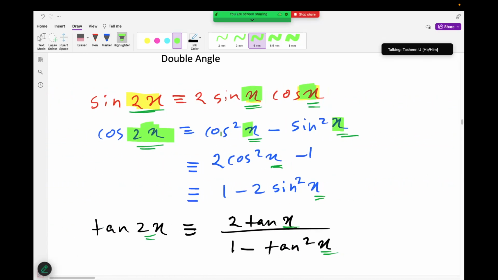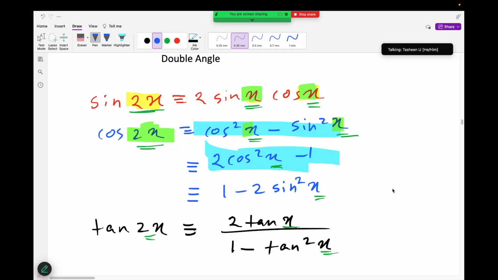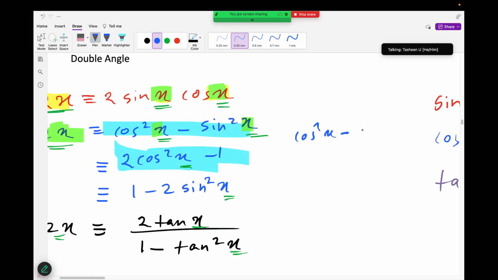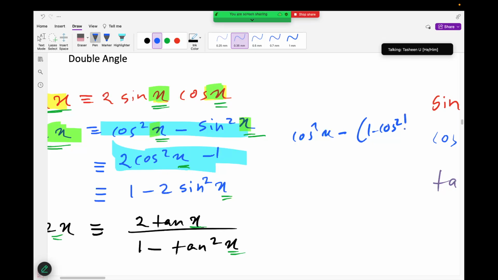Okay. So cos 2x is cos square x minus sine square x. Now do you understand how this thing and this thing is the same? We can write sine square x as 1 minus cos square x. You remember? Cos square x minus 1 minus cos square x, and then cos square x minus 1 plus cos square x. So it became 2 cos square x minus 1, the same thing.